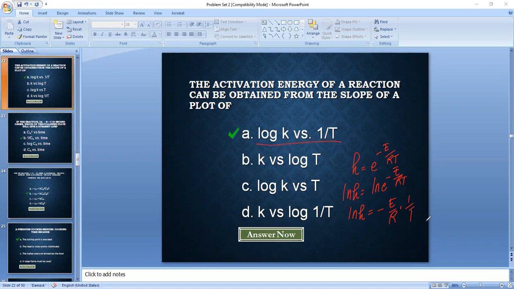This is the basis: the log or the ln of K versus 1 over T. Or if you can recall the relationship in terms of a pair of data, E over R times 1 over T sub 2 minus 1 over T sub 1, something like that. So it's the reciprocal of the temperature and the ln of the K that we did in here. Okay, but the line equation is this one. That's it. Now next.